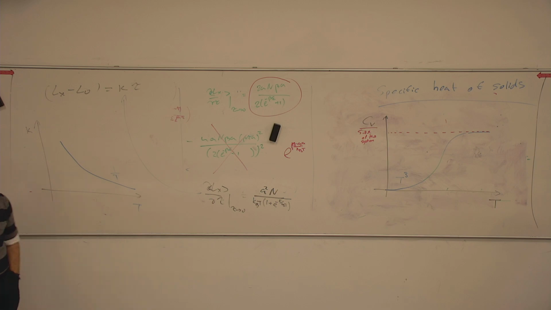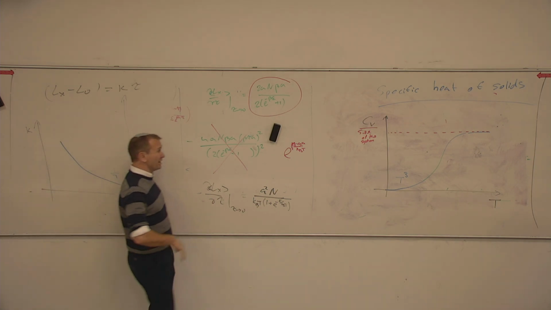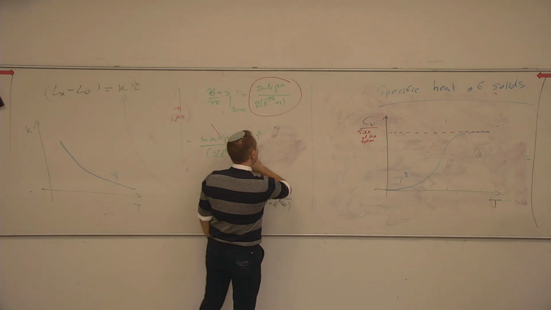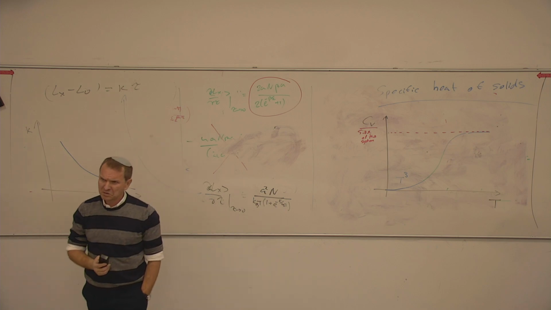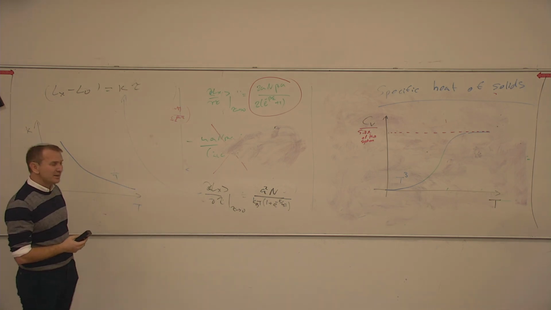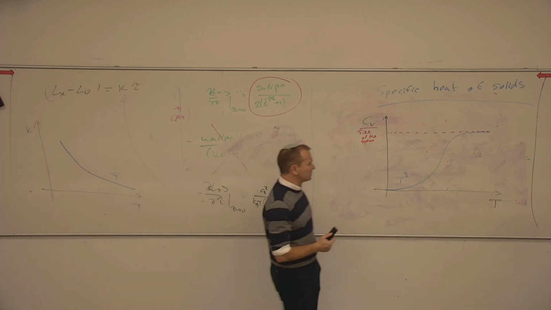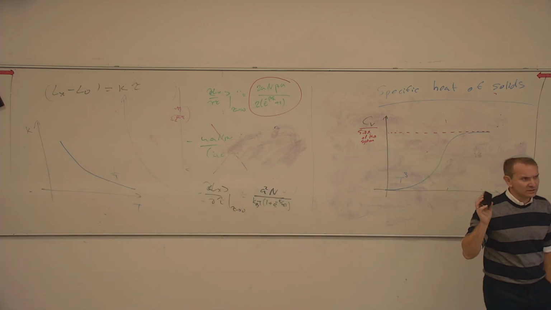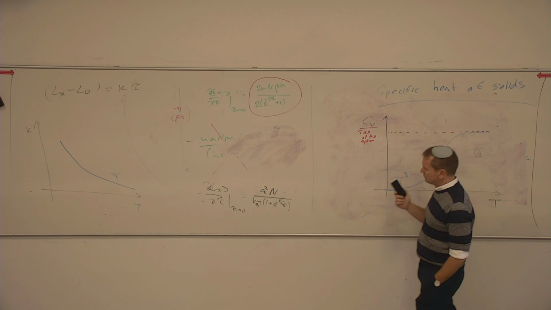So this behavior troubled physicists more than 100 years ago, and around 1912, 1914, I think, the first attempts were made to use statistical physics to solve this puzzle.